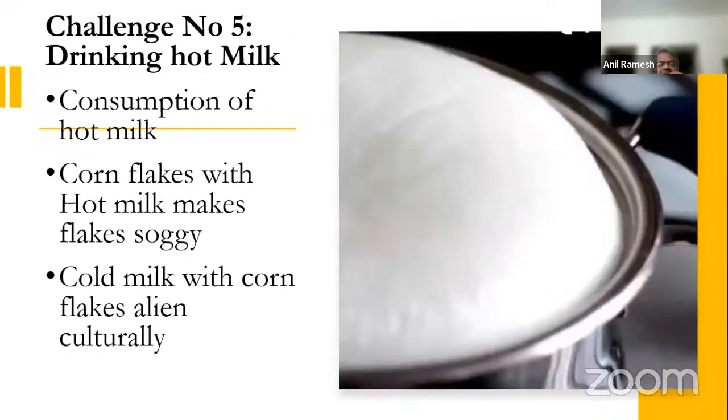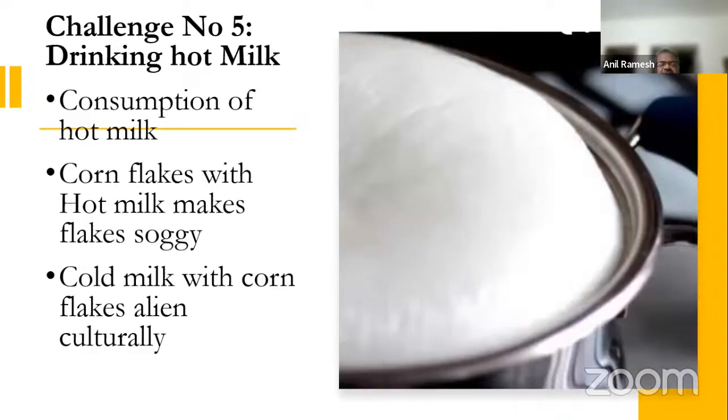And another, this is product related. Challenge number five was you need to have Kellogg's with cold milk. And all our mothers, and if you are married, our wives, in fact we tell our children that early in the morning you should be having hot milk and not cold milk. But consumption of cornflakes has to be done with cold milk.